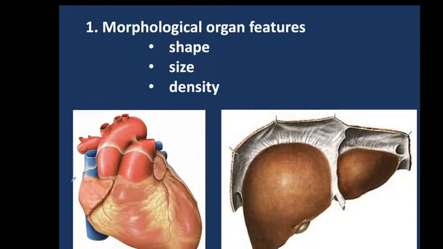Like if you see, this is a heart, and the heart shape is different in comparison with the common meaning of heart shape. This is a picture from postcards for Saint Valentine's Day, and sometimes you see that it is an absolutely different shape.